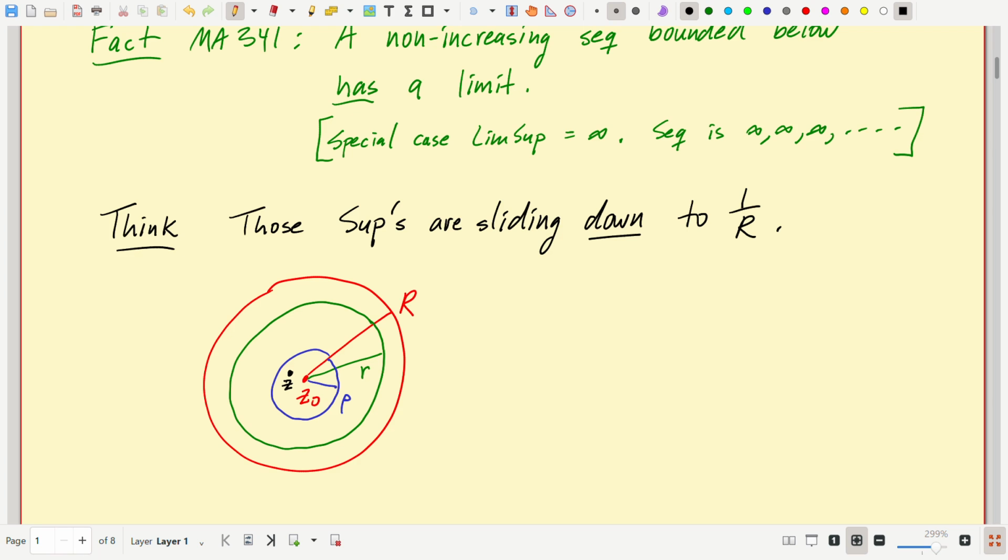Okay, so let's see. We're going to have 0 less than rho, less than little r, less than the capital R in the Hadamard's formula. Okay, that means 1 over R is less than 1 over little r, and that's less than 1 over rho.